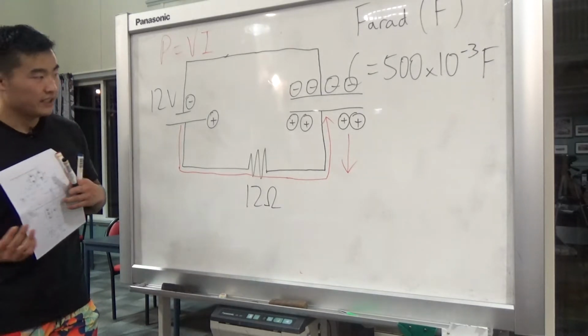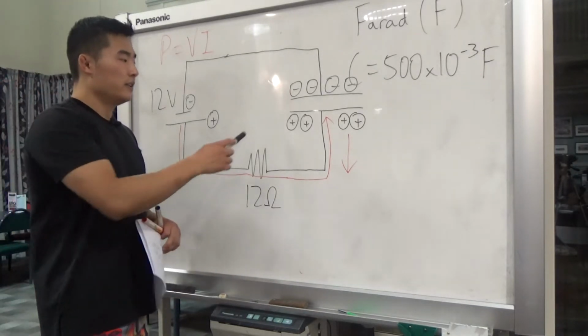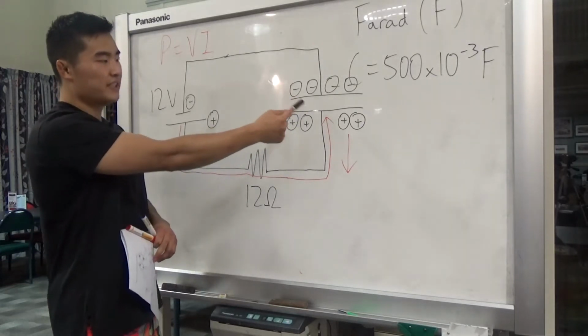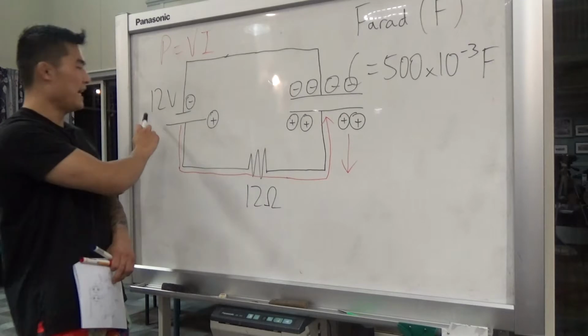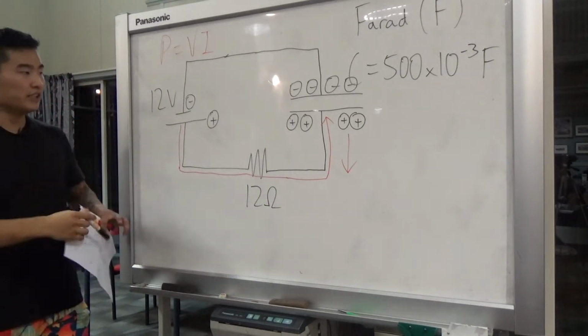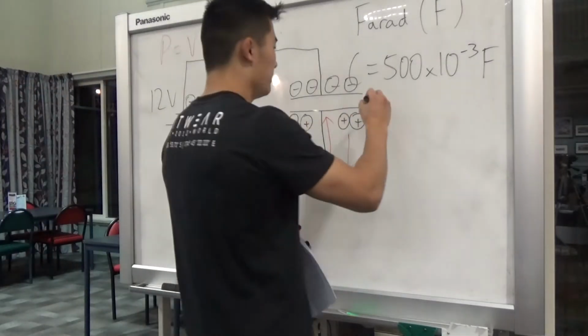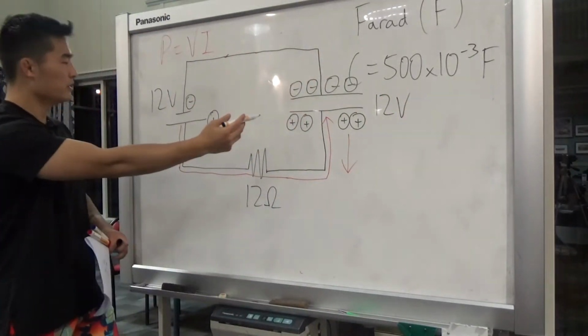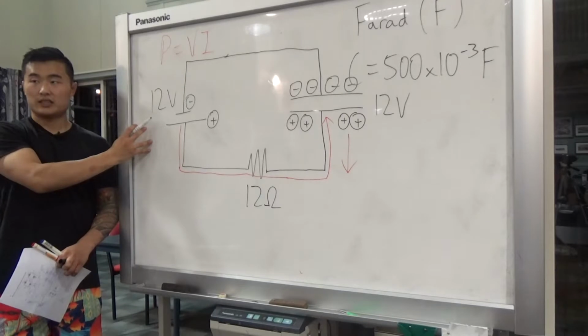And eventually, the capacitor will reach the same potential difference as the battery. When that happens, the voltage across the capacitor will be equal to the voltage across the battery.